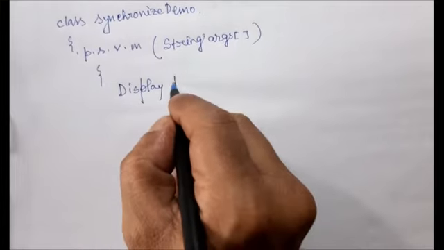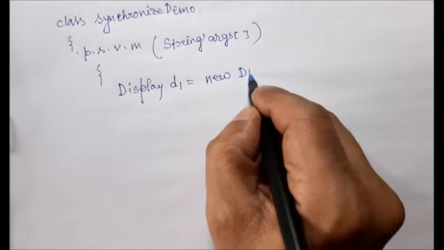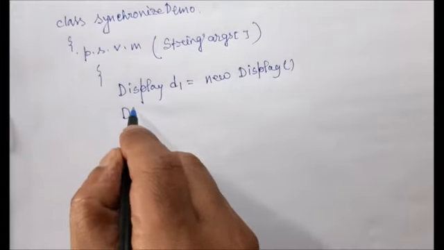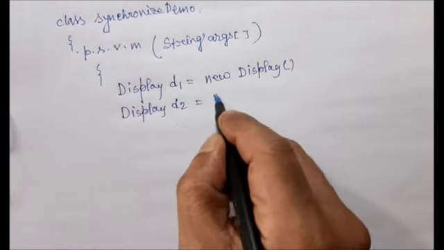So Display, for example, the first one is d1 = new Display(), and the second one is Display d2 = new Display().